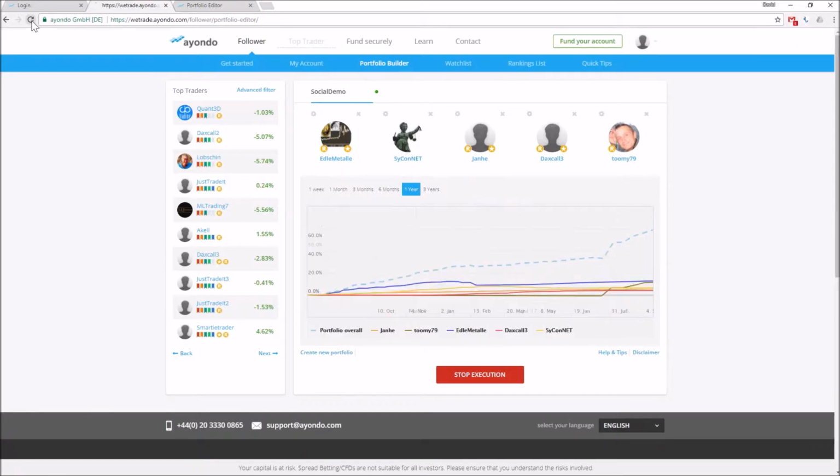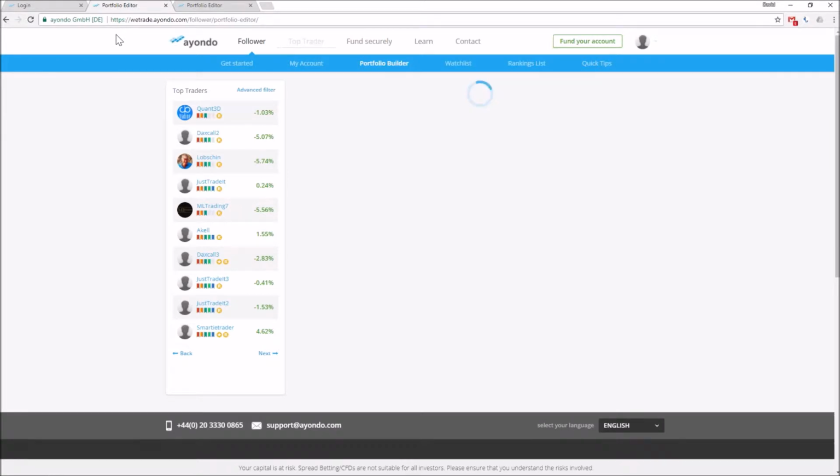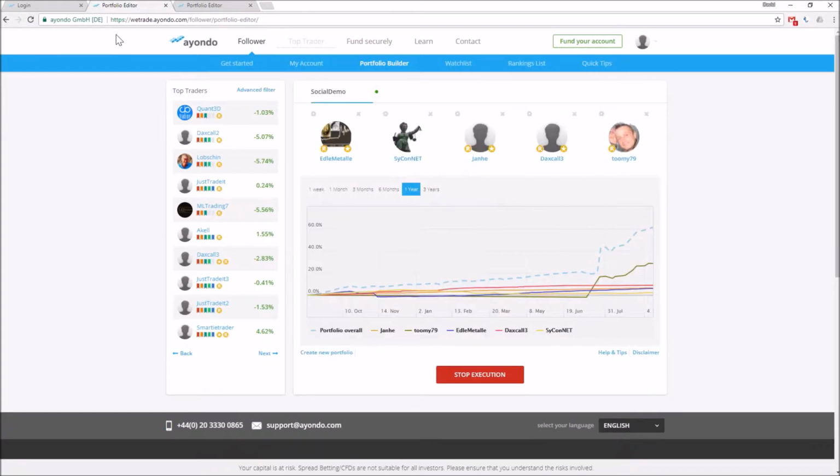The next thing to do is to think about the individual levels of risk. I think this takes a little bit of getting your head around, but if we start from the beginning, this account has got just over £1,000 in. Let's pretend Edel Metal is trading with an account that's got £100,000 in. So Edel Metal's account is 100 times bigger than my account. If Edel Metal does a trade and puts a stop loss, that means he or she is risking losing 3% of their capital.